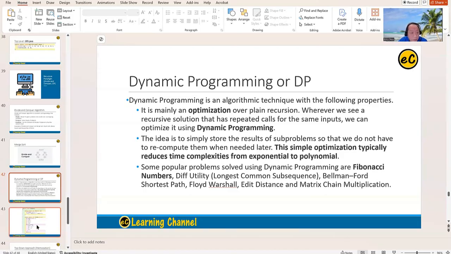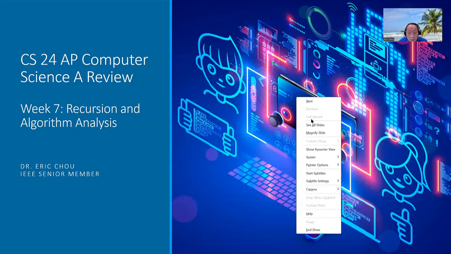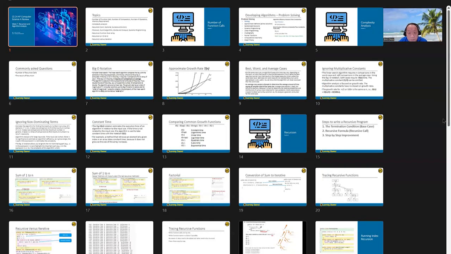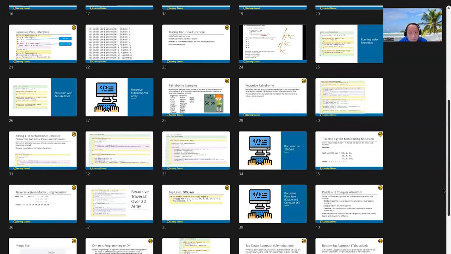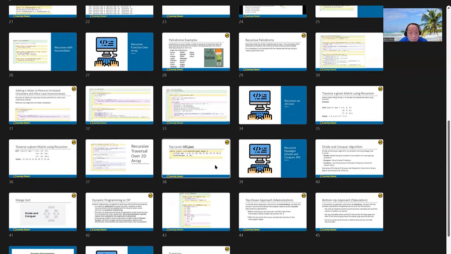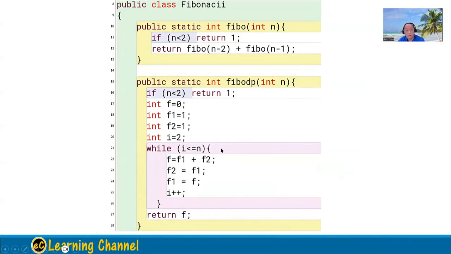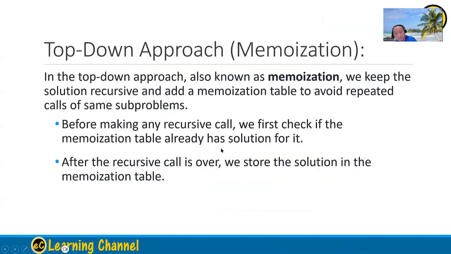That's called dynamic programming. You can also write the function in the iterative way. You can also write the for or while loop for it.